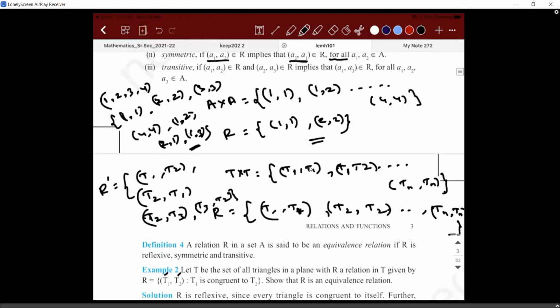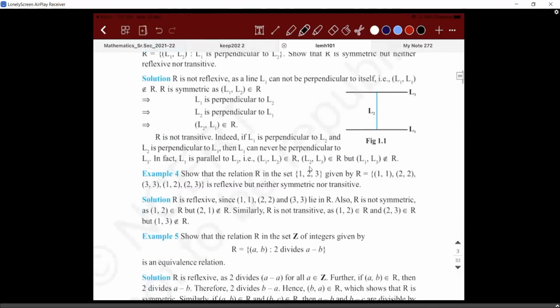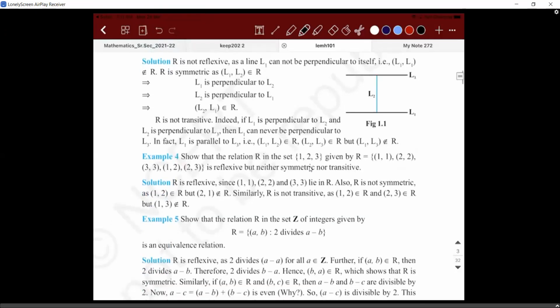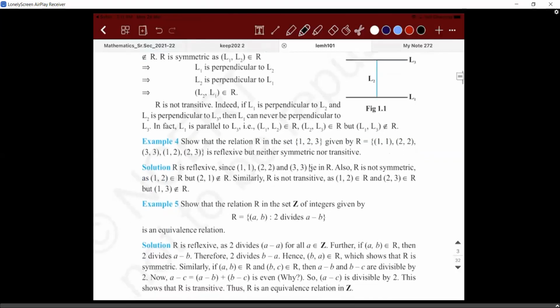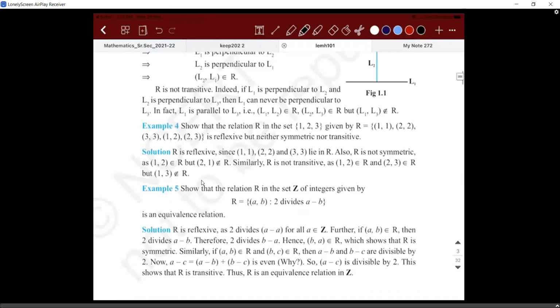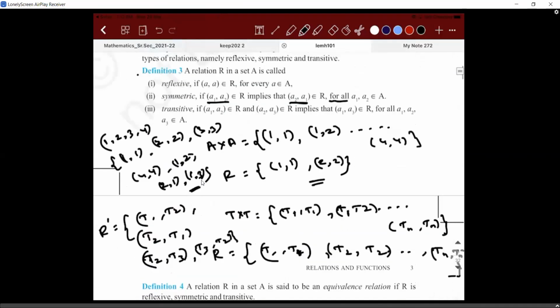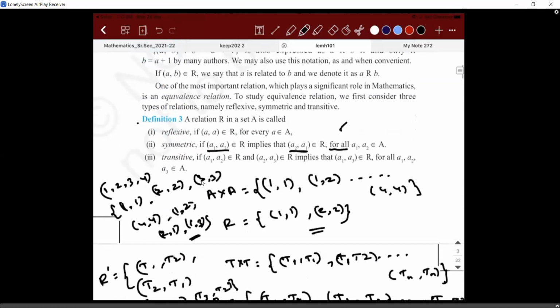So transitive, I'll explain it more. For all it is there. See, for example, I'll explain with this problem.